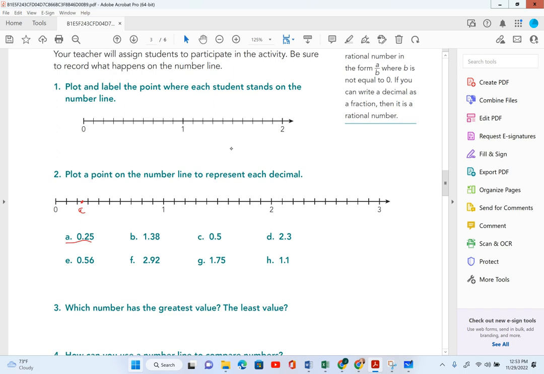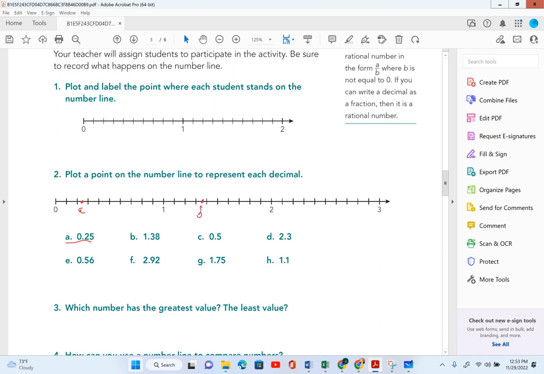1.38. So it's going to be 1 and 38 hundredths, or 1 and 3/10 and 8 hundredths. So the hundredths means there's 10 in here. They're real small. So it's going to be about right up close to this other one here, 1 and 3/10.